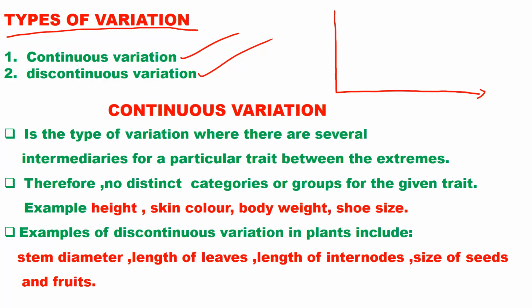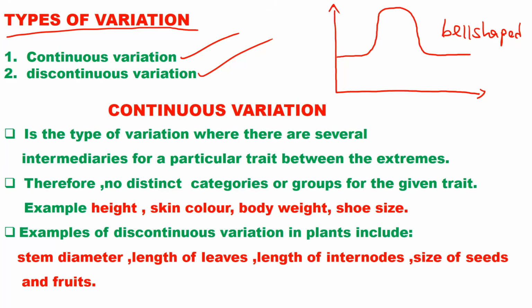If you have a graph and you plot the height, you're going to find that between the one that is tallest and the one that is short, it forms a bell shape. In terms of a graph, when you find something like this, just know that that is continuous variation.